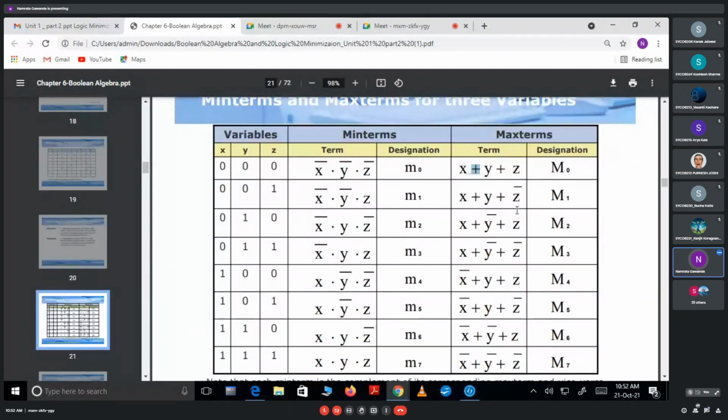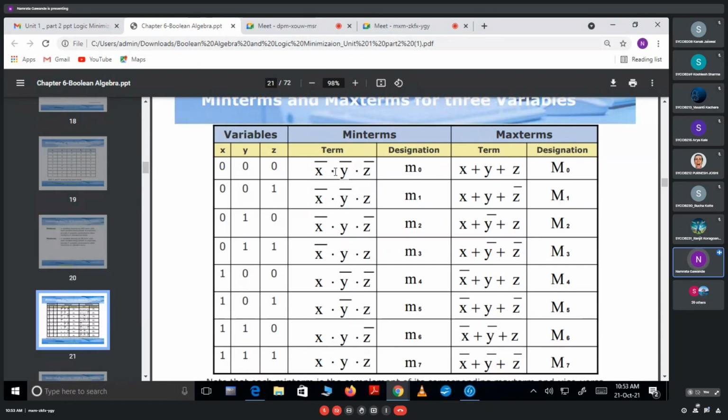Why is it given as x plus y plus z? Because all the variables are summed in a max term, but no bar is there, because in a max term 1 represents bar and 0 represents no bar. It is the reverse of the min term.